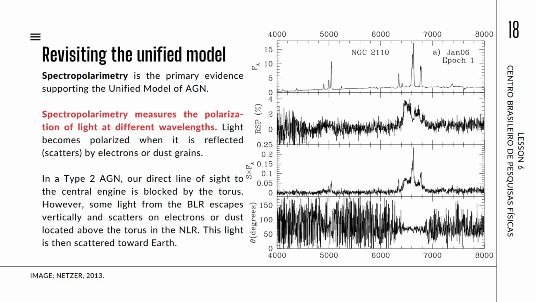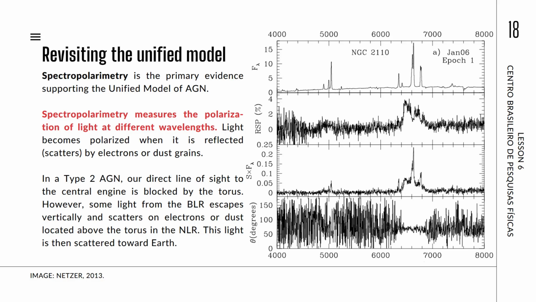We have in the next figure, but I prefer to draw. We have a black hole here. However, this black hole is covered, is hidden behind a dust torus. We are looking in this direction, so we are never going to see the broad lines.